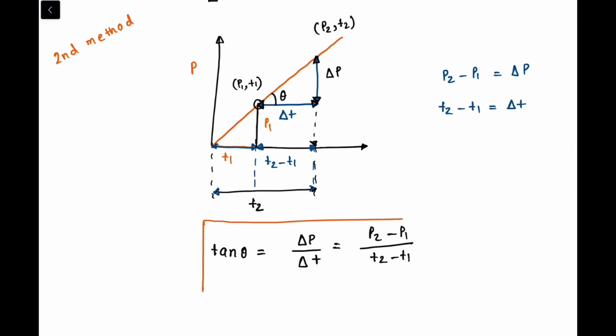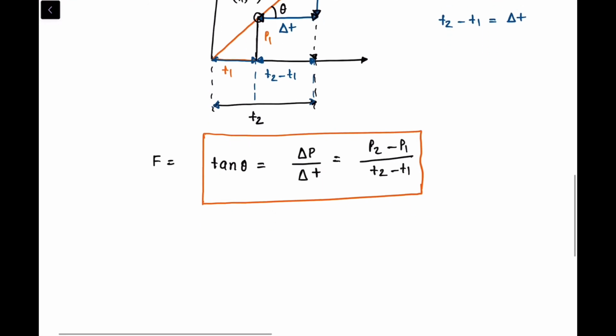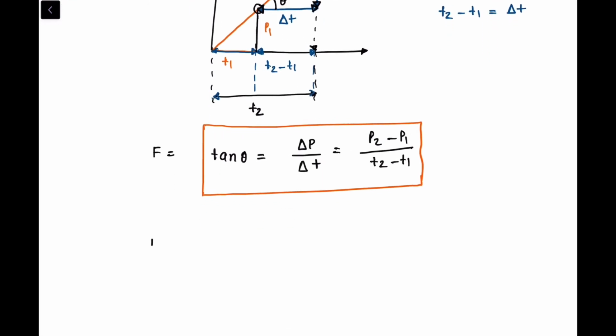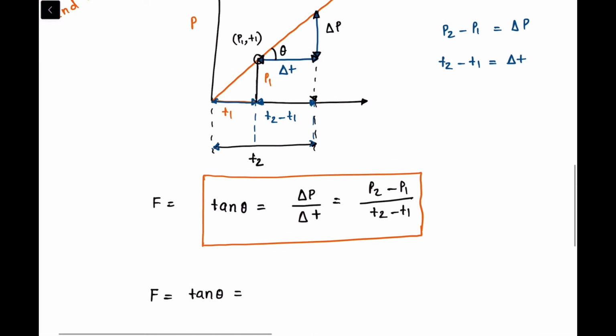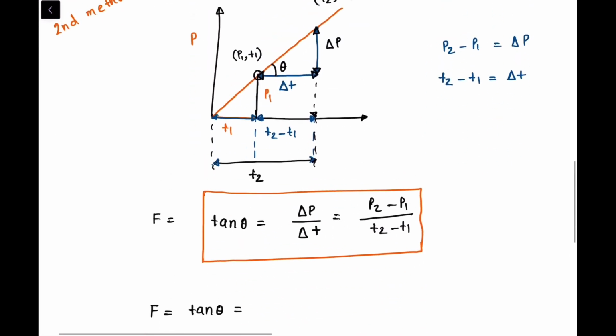And delta P divided by delta T is equal to the force. So that means force is nothing but tan theta. Tan theta is the slope of the graph.